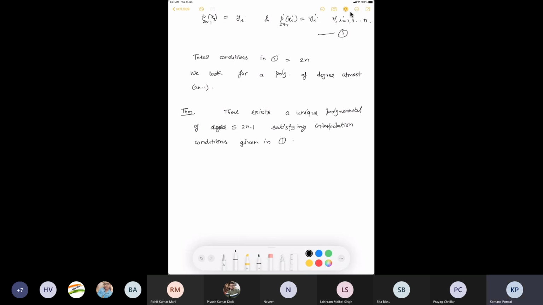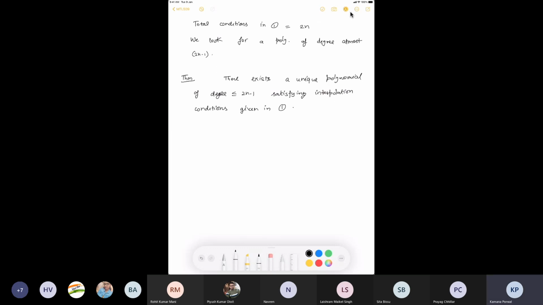Unique polynomial, let's call it p_{2n-1}. Let me skip writing it, we'll write it directly in the proof. So let's try to prove it.